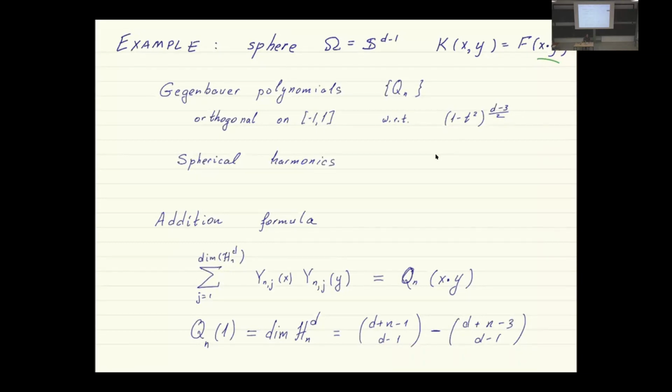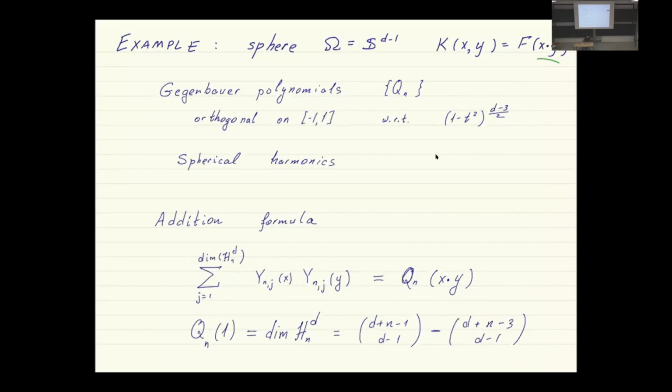All right. So there are various ways to define these polynomials. There are various normalizations, various notations. I'm using a slightly less standard notation. I'm following the notation of Delsarte, Goethals, and Seidel. They were using Q for Gegenbauer polynomials, and the normalization that I'm using will become clear in a moment.